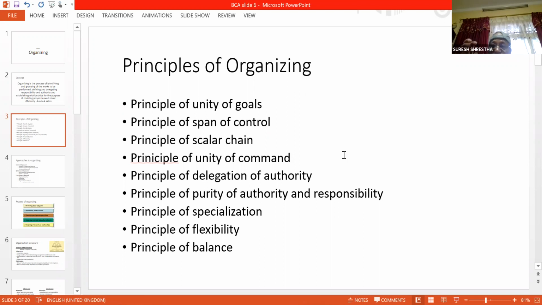So there has to be certain flexibility given to the people working in the organization. And principle of balance is that there has to be a balance between how much authority you give to the people and how much responsibility you give to them. So there has to be certain balance while you organize.